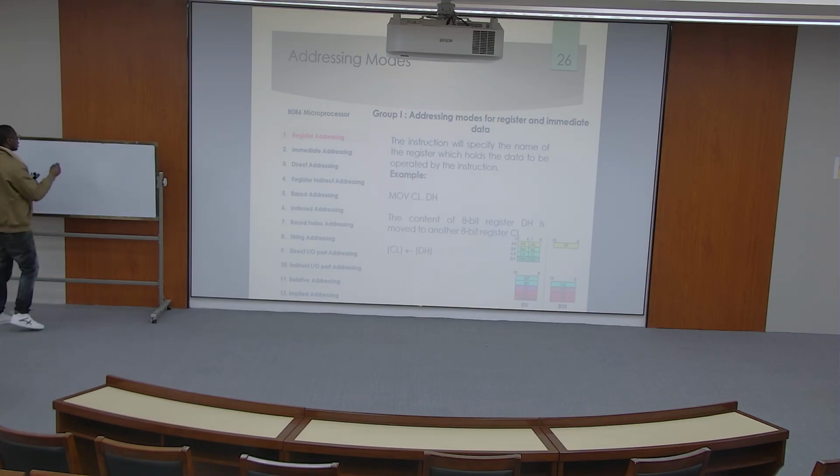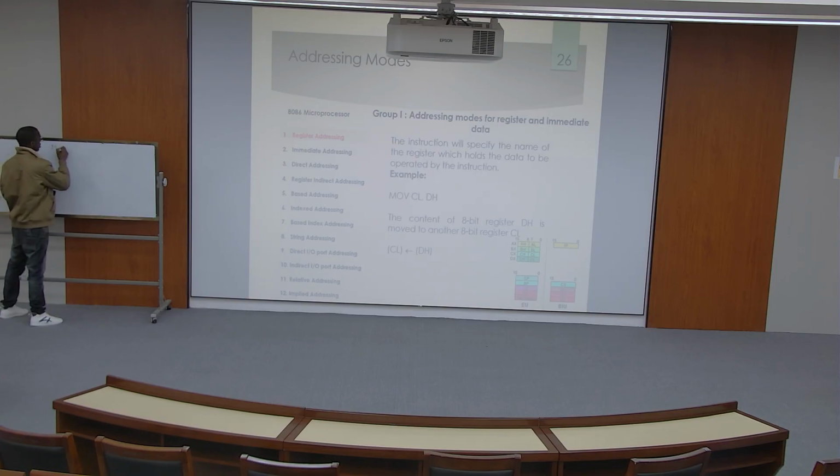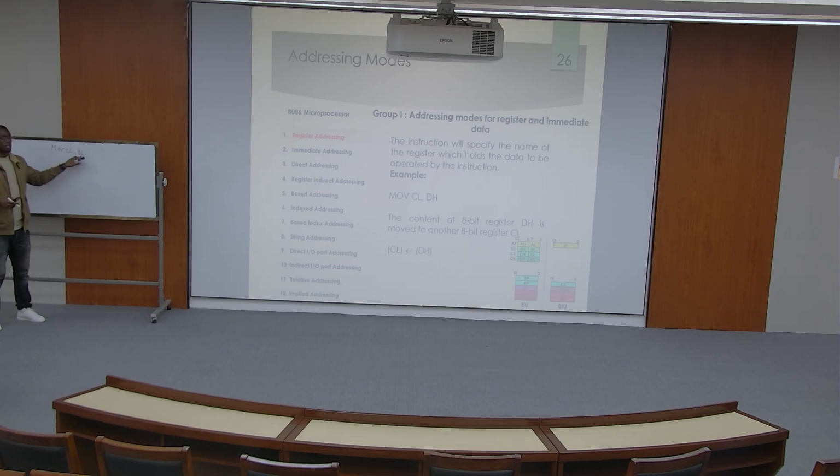We have, for example, MOV CL, DL. This means that the content of the 8-bit register DL, that is the lower byte of the data register, is going to be moved to an 8-bit register, which is the counter lower byte.